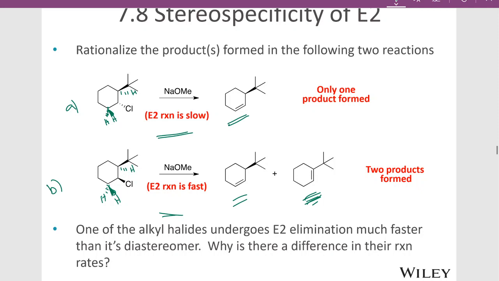If you draw the chair configuration of this molecule where the T-butyl group is equatorial, then the chlorine is also going to be equatorial, and it takes a lot of energy to get that chlorine into the axial position. But here on the bottom molecule, when the T-butyl group is equatorial, the chlorine is going to be axial. That's going to force the chlorine into the axial position where it needs to do this reaction, so that reaction is going to be much faster.